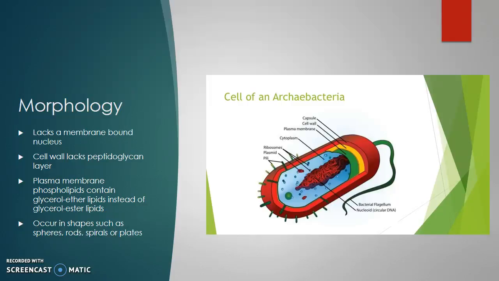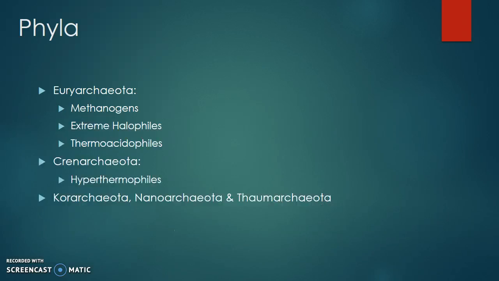There at the bottom, I just state that archaea occur in different shapes, such as spheres, rods, spirals, things of that nature. So I mentioned that archaea are their own domain.